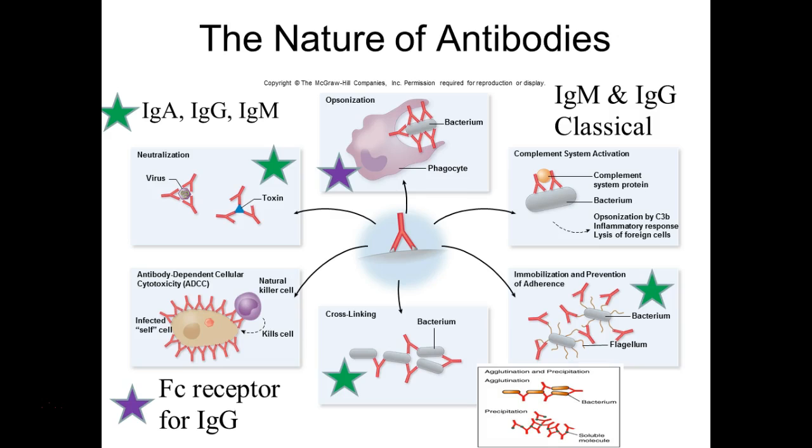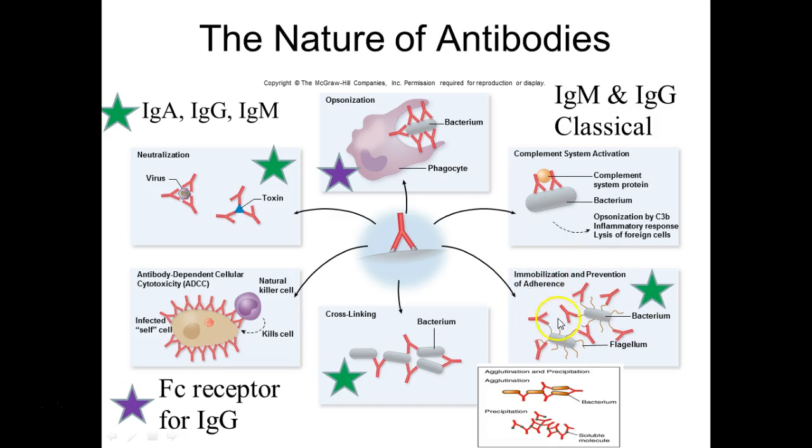So these are the 6 possible outcomes. We can get opsonization, so we get destruction by a phagocytic cell. We can get complement activation, which can lead to more opsonization with C3b, inflammatory response, more white blood cells to the area, or lysis of those foreign cells by the MAC complex.